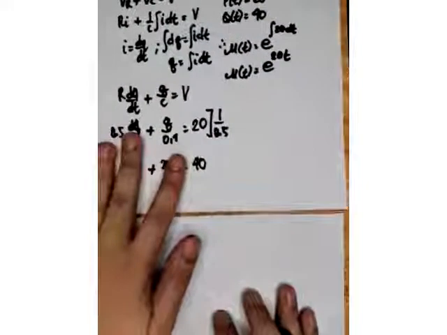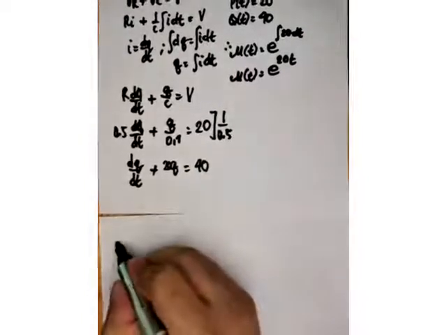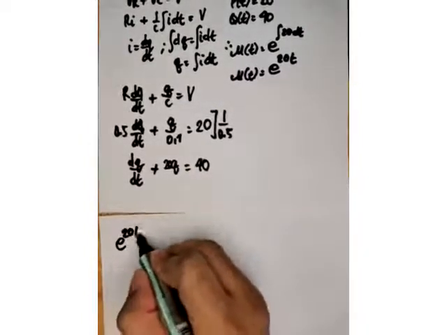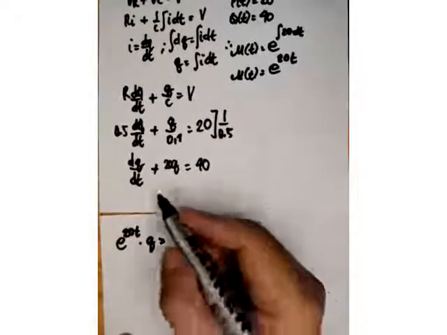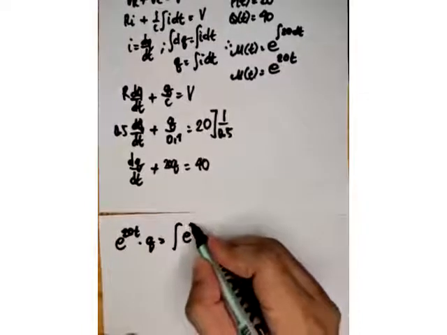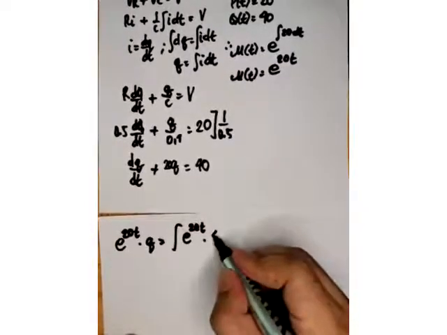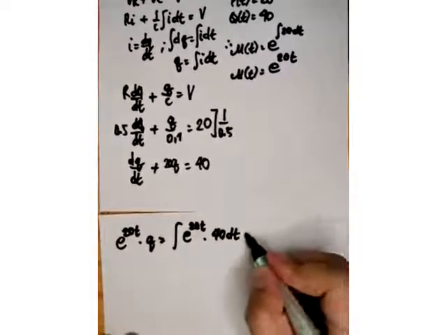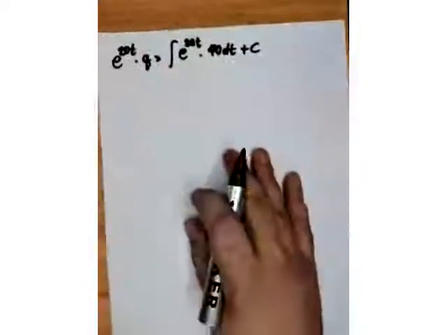Okay. So, isolve na lang natin yung differential equation. That means we'll have the integrating factor times the charge equal to the integral of the integrating factor times Q of t, which is 40 dt plus C. Okay?